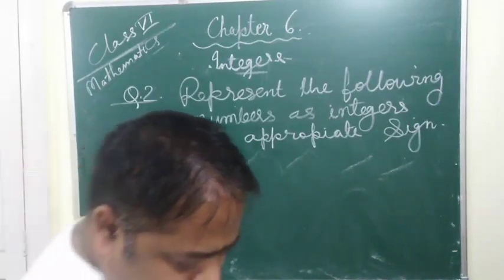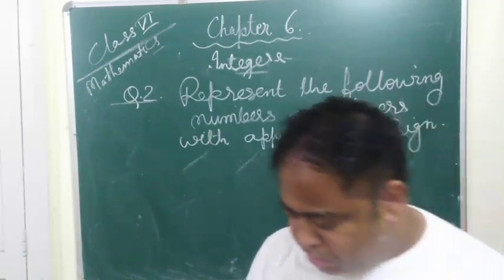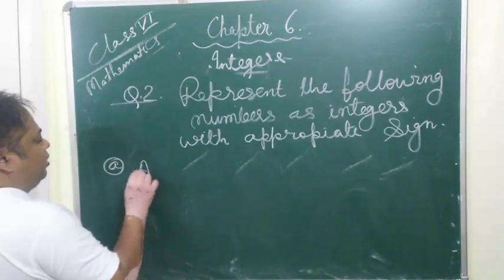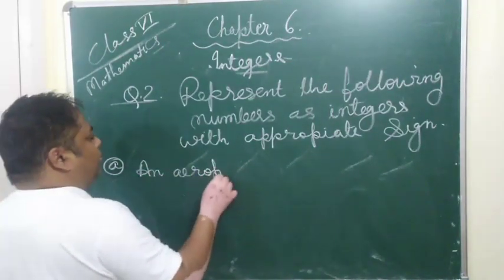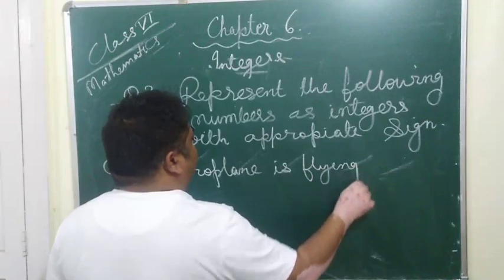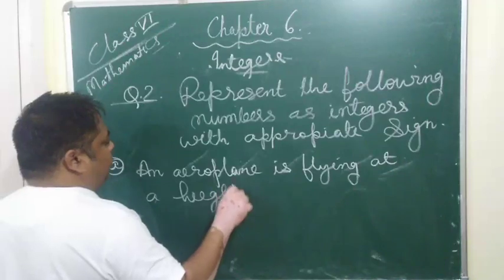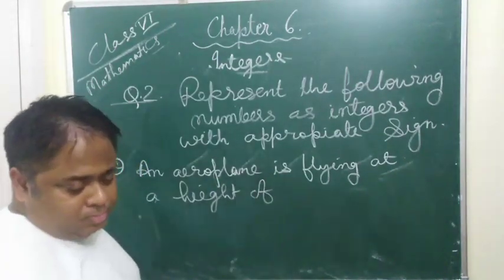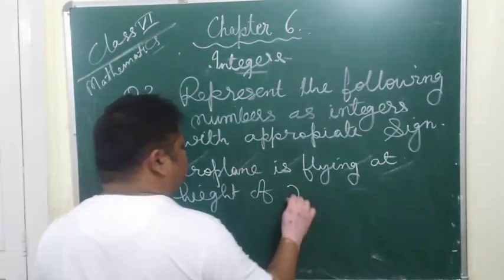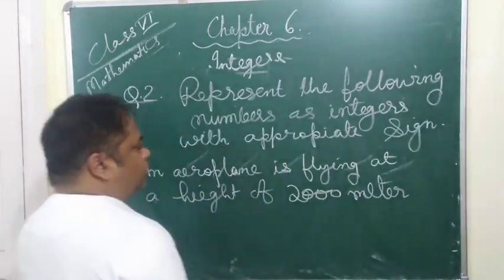A. An aeroplane is flying at a height of 2000 meters above the ground.